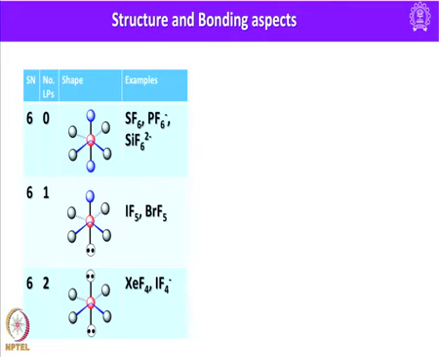So, in this case essentially a typical octahedral geometry we can see. When we have steric number 6 with one lone pair, to describe the shape we have to take out one axial position, then it will be square pyramidal shape.